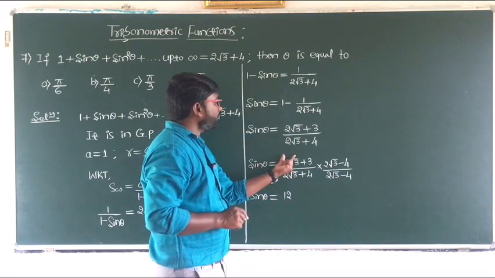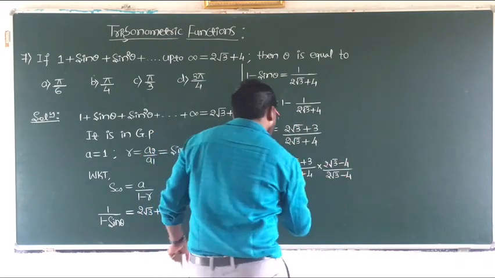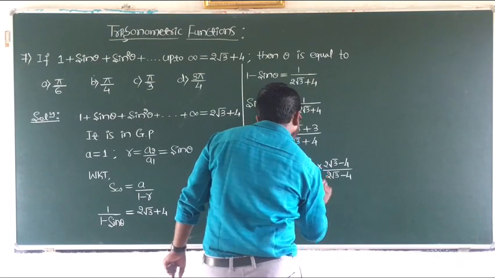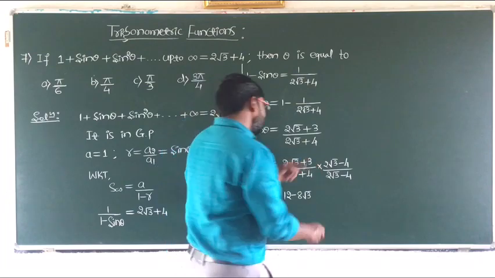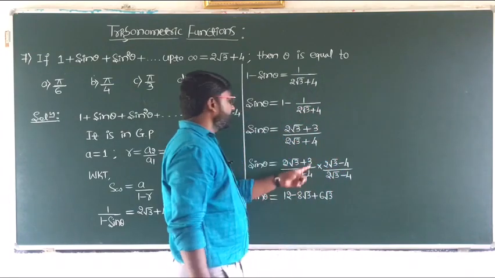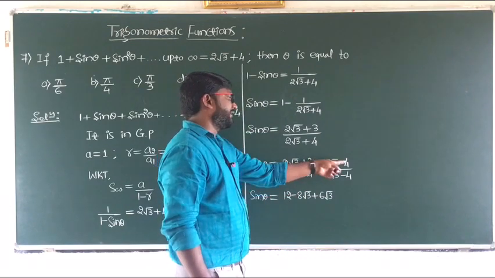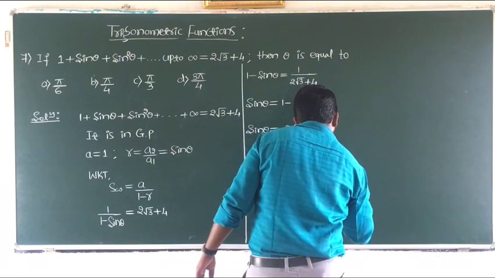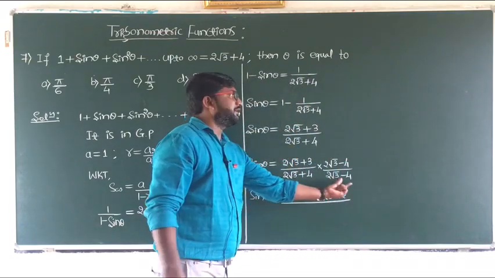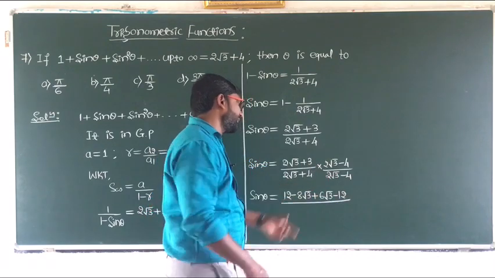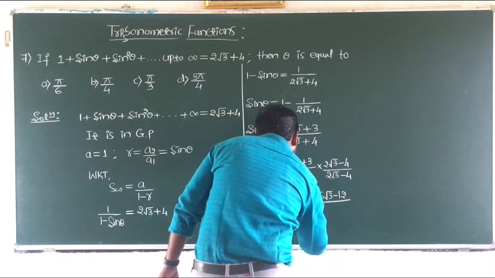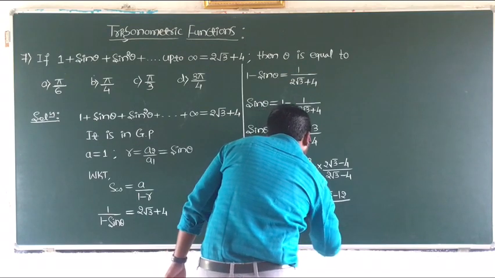Then 2 root 3 into minus 4 will give us minus 8 root 3, then 3 into 2 root 3 is 6 root 3, plus 6 root 3, then the last term 3 into minus 4 will be minus 12, divided by a plus b into a minus b, which is a square minus b square, 2 root 3 the whole square minus 4 square.